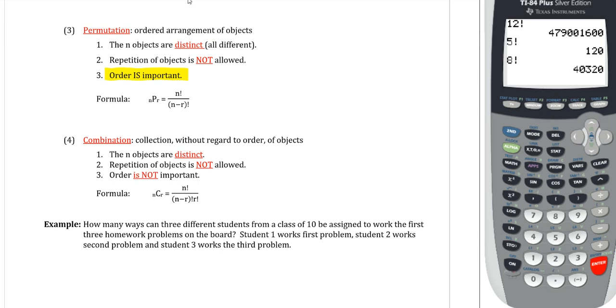And we have the formula here, and I'll go through it real quick. So this is read as nPr, where n is going to be your sample size, and r is going to be the number selected.